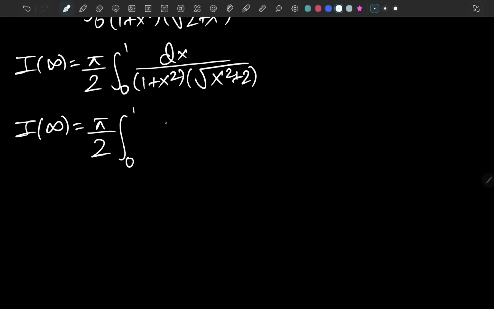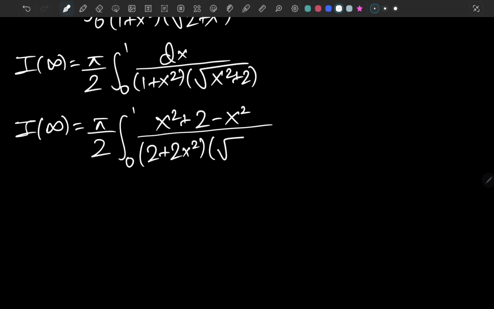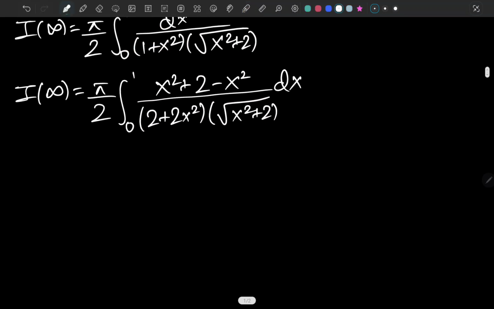I'm going to write x square plus 2 minus x square. Now you would ask, on the numerator we are having 2 after solving everything, so I have to neutralize that by dividing by 2 in this integral. So I'm going to neutralize it with 2 plus 2x square, right? I hope you noticed that. I have multiplied 2 with this parenthesis, right? So this is what we have right now.